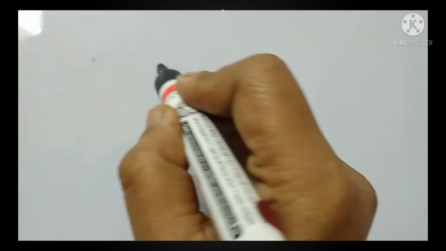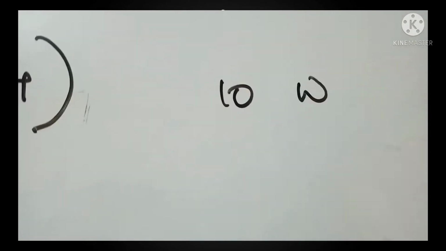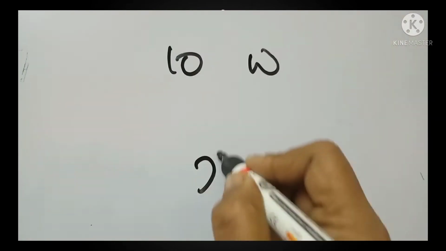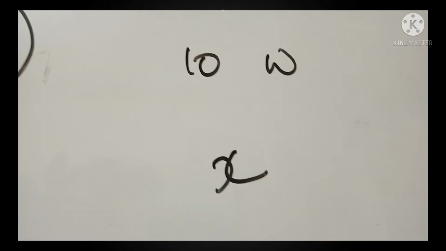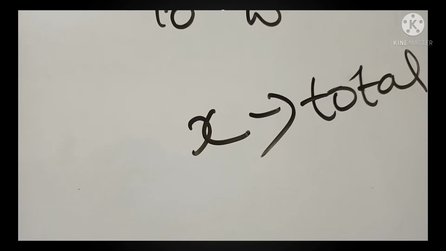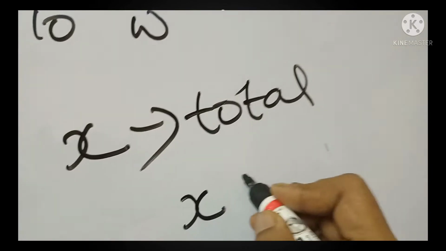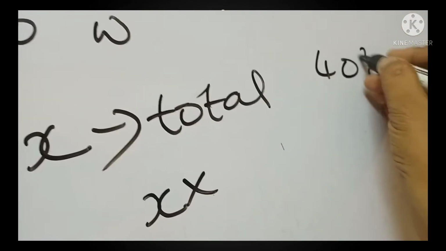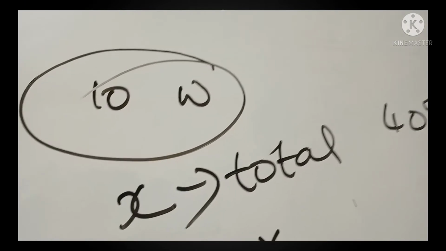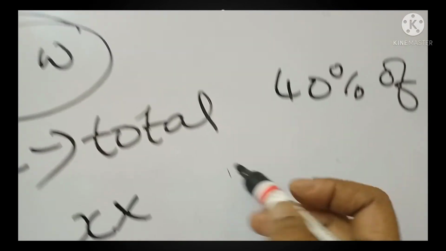Then the fourth question. A football team won 10 matches out of the total matches they played. We don't know how many matches they played, so let x be the total matches they played, and their win percentage was 40. So 40 percent of x is the number of matches they won, which is 10.